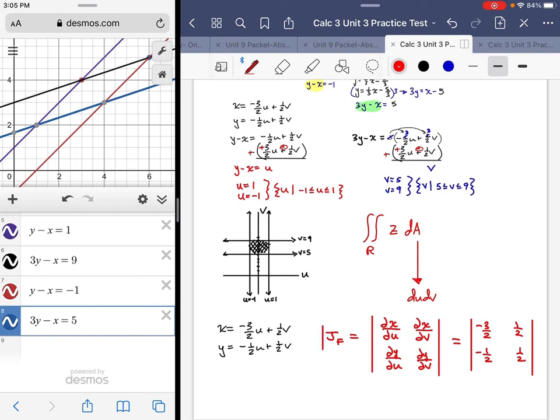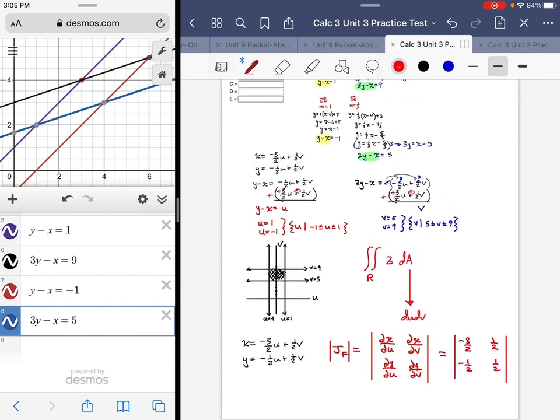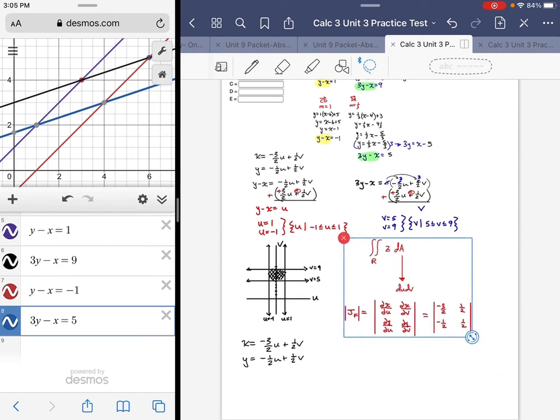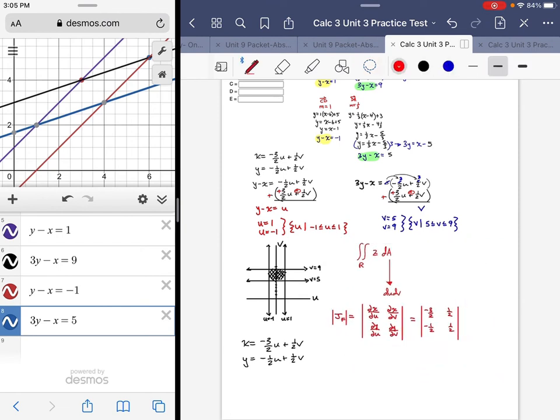We're finding the Jacobian matrix first, but then we are finding the determinant of that Jacobian matrix. The determinant of the Jacobian matrix is the Jacobian, or Jacobian determinant. All right, so diagonal down, diagonal up.